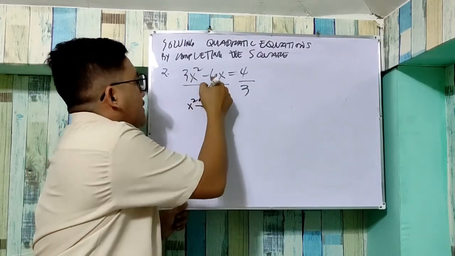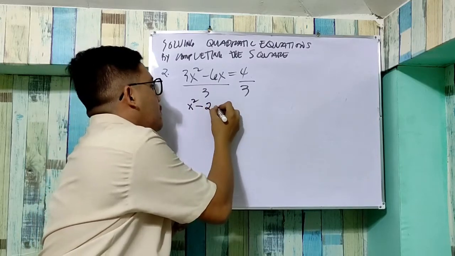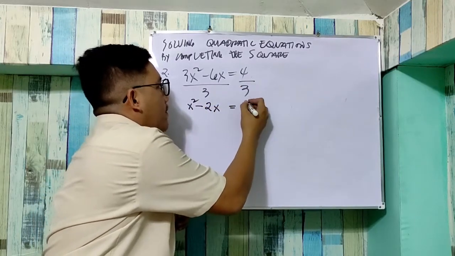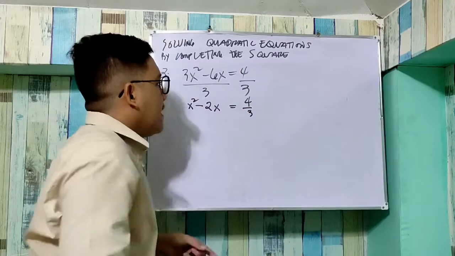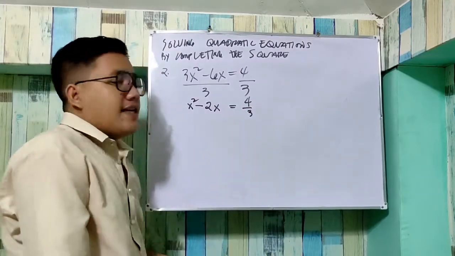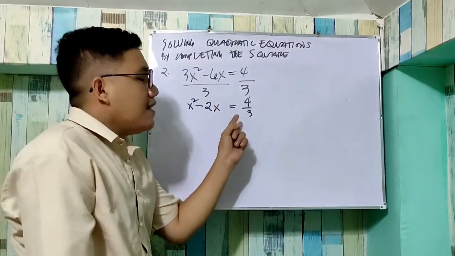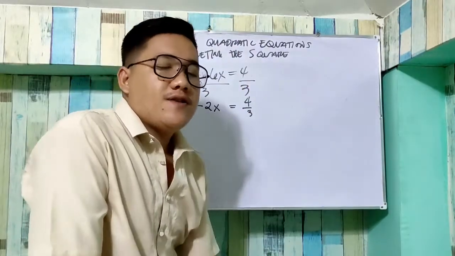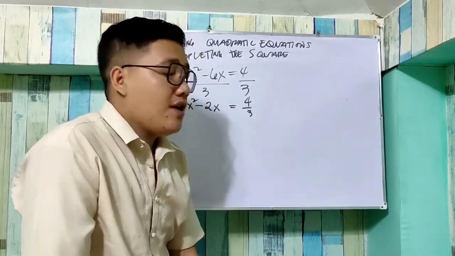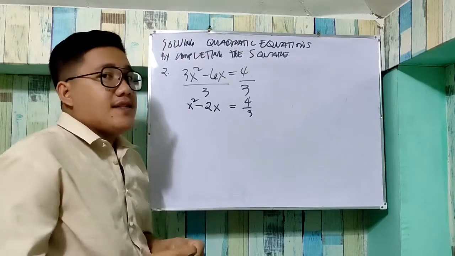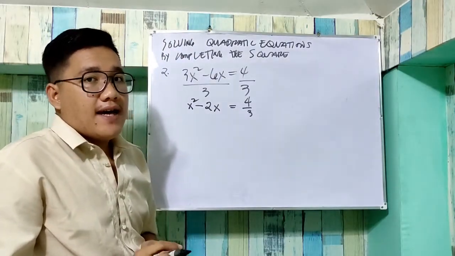So, negative 6 divided by 3, that is 2x is equal to 4 over 3. So, we can't do anything with 4 over 3. Since our constant term is already on the right side, there is no need to apply the addition property of equality. Let's proceed to completing the square.